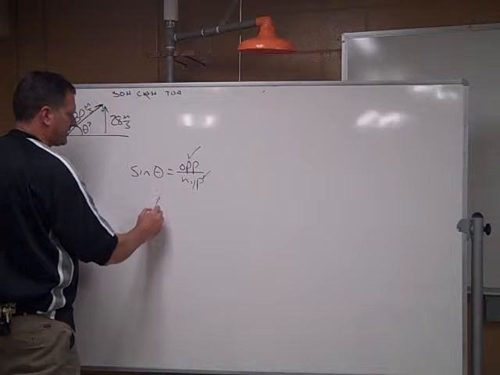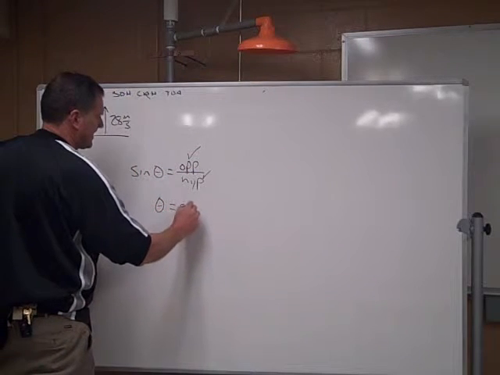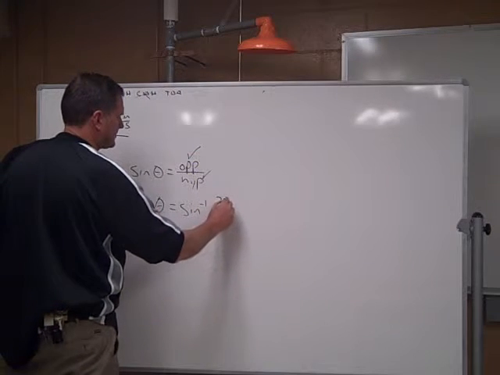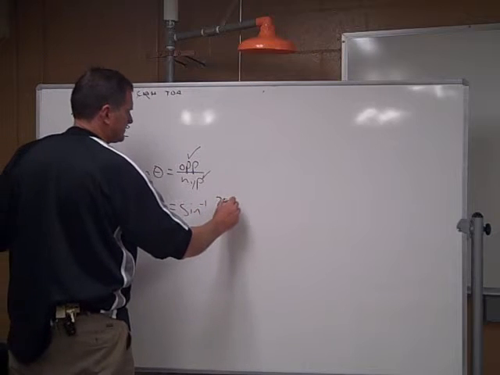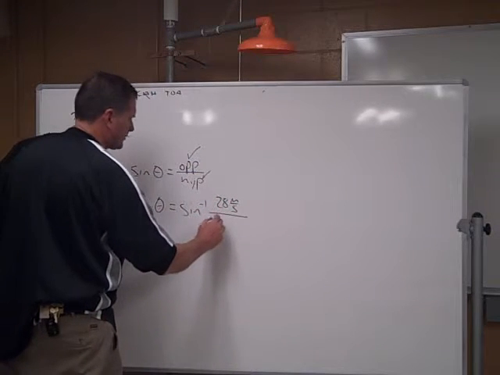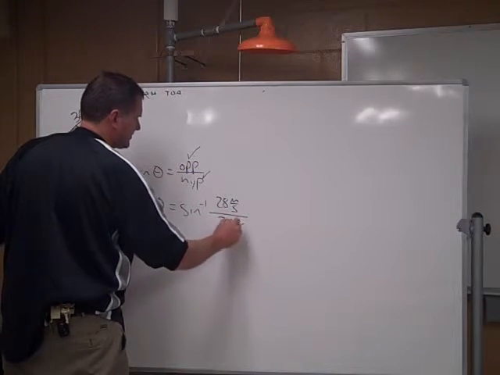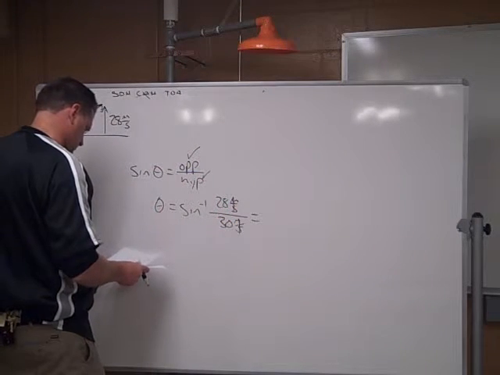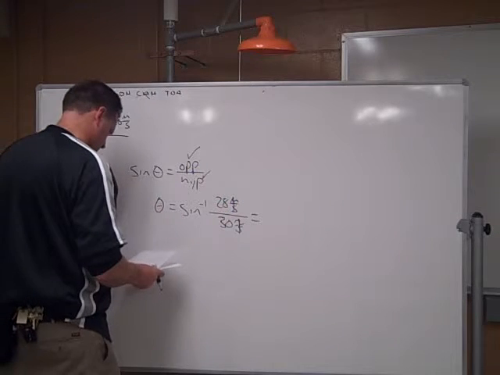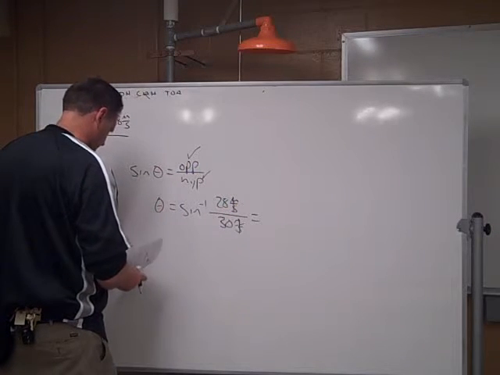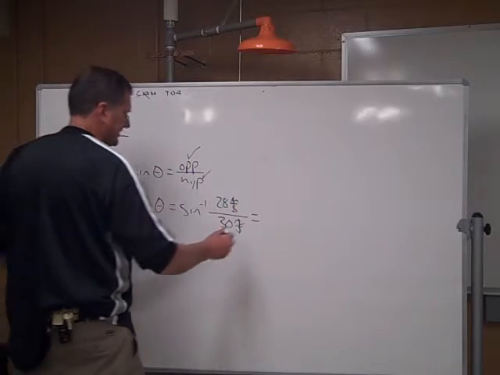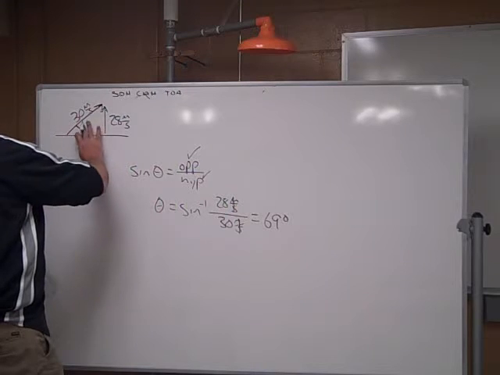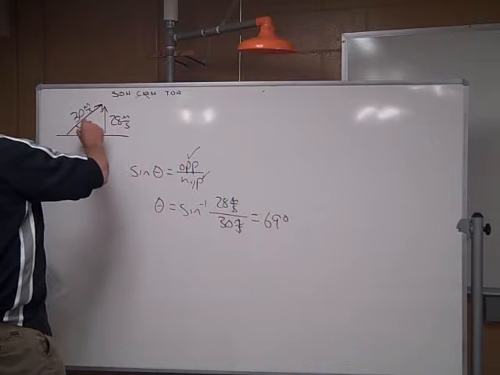We've got to put sine over there, so it's going to be sine inverse of 28 meters per second over 30 meters per second. Notice how the units cancel out. And we land up with 69 degrees. So this is 69 degrees.